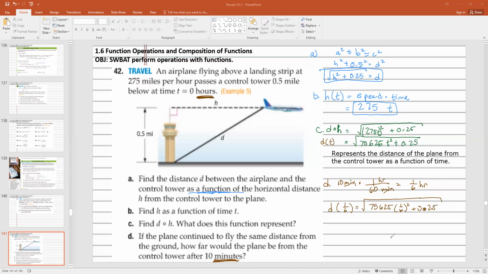Use a calculator, and you end up with 45.8 miles. That's the distance. And that's it.